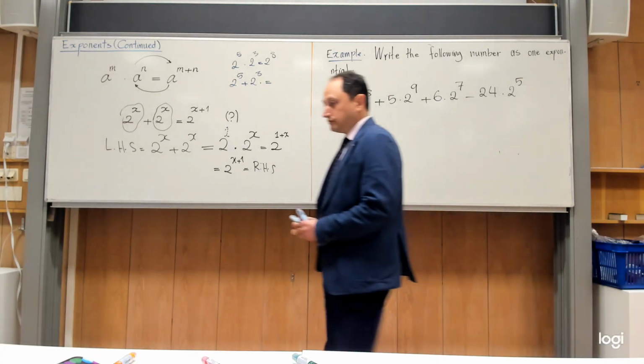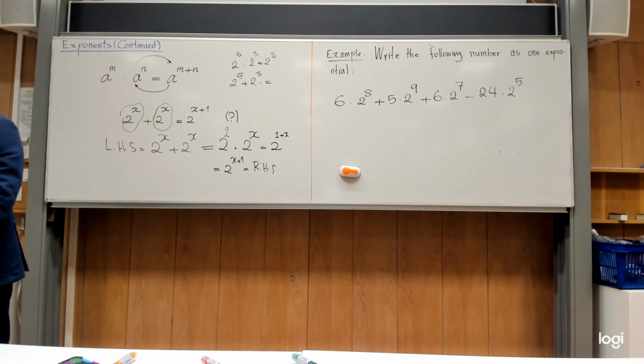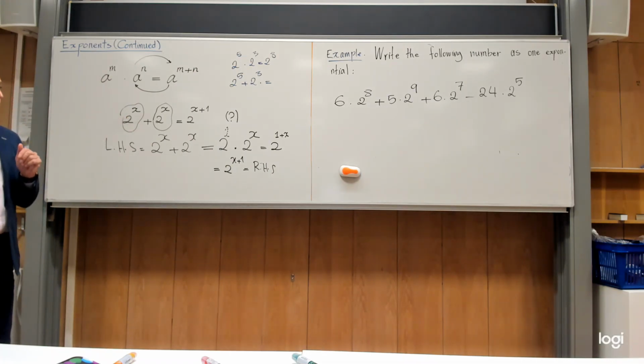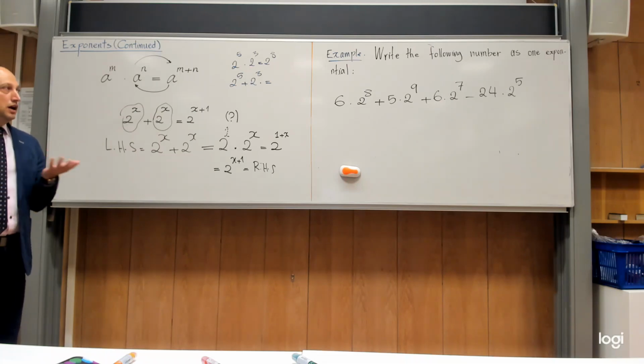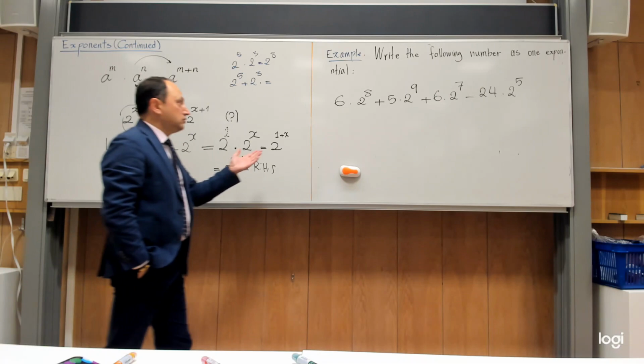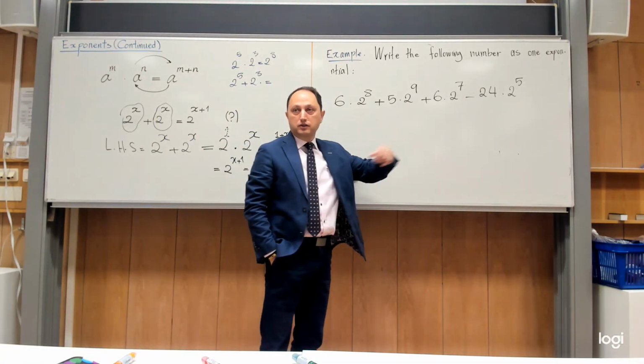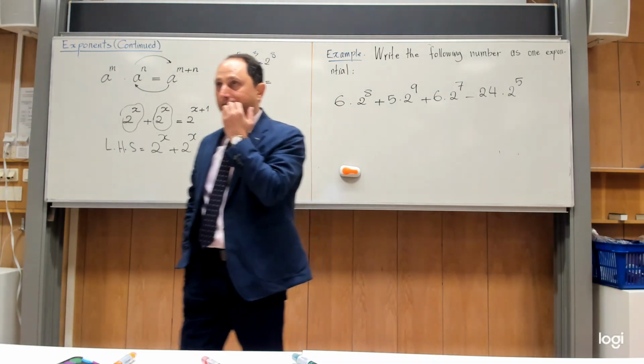Okay? So, let me explain what I mean. Of course, I will write another one for you after explaining. So you see, this is a number. If I ask you to evaluate, and I let you use your calculator, that's not a big deal, yes? What you need to do is type this in your calculator and press the execute button, and you get the final number. Is that right?